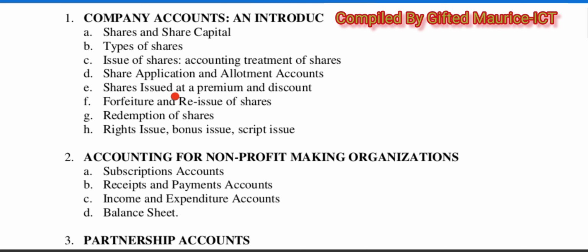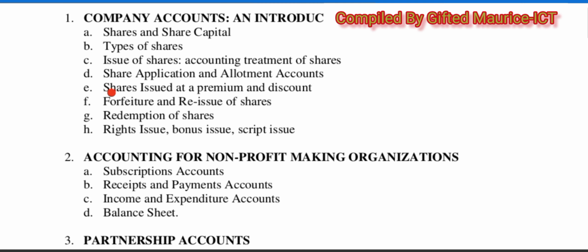So if a call has been made to pay the installment on calls, and some of the applicants or the allottees fail to pay for those shares, then those shares are cancelled, meaning they are forfeited. That is what we call forfeiture of shares.